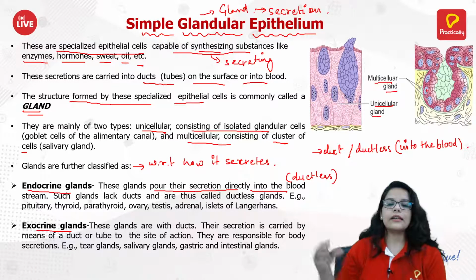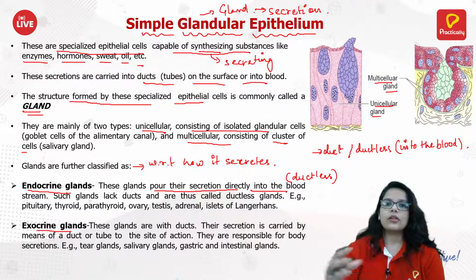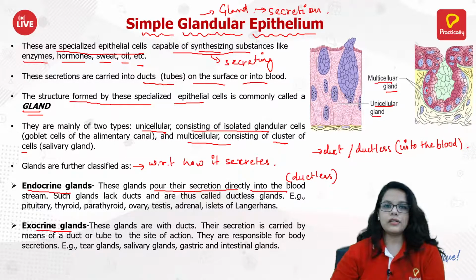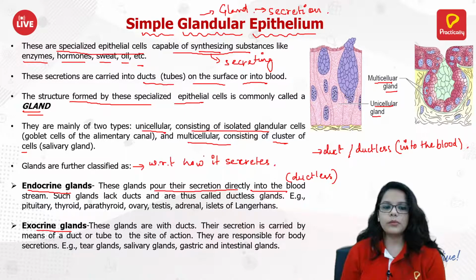They don't have ducts through which they secrete something. They just directly flush it out into the blood. Such glands lack ducts and thus are called ductless glands.